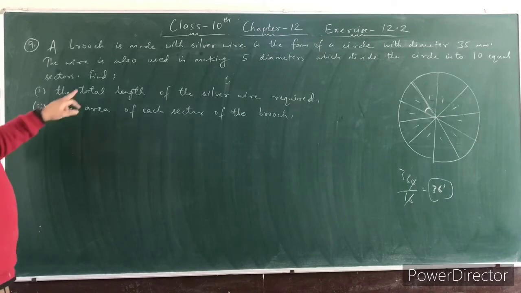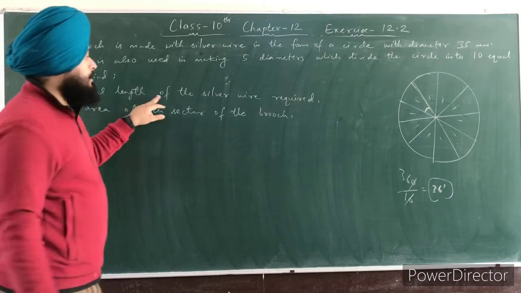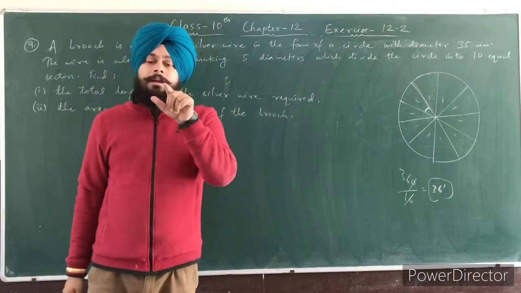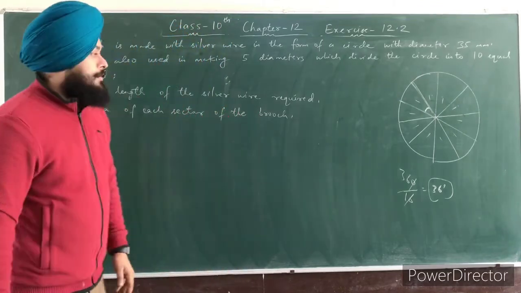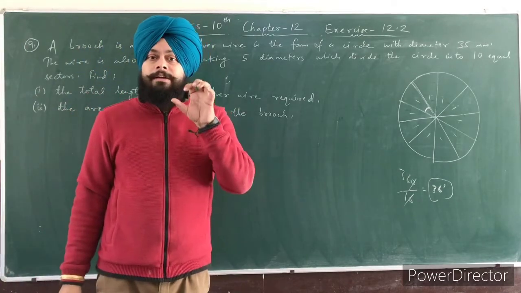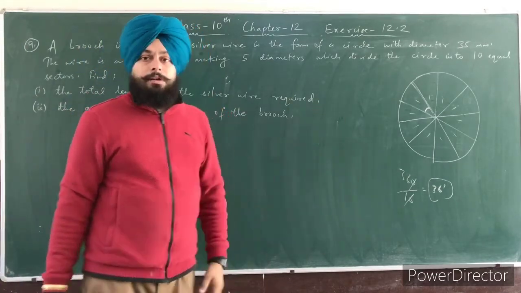So the first part is to find the total length of the silver wire required. The silver wire is used in making a circle and 5 diameters. So we have to find the length of silver wire required to make this model.